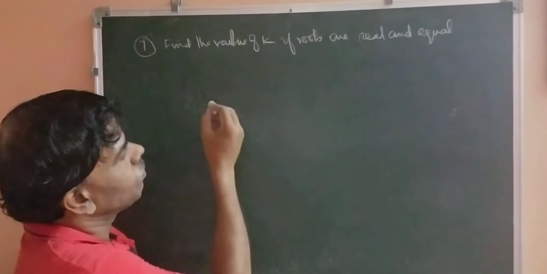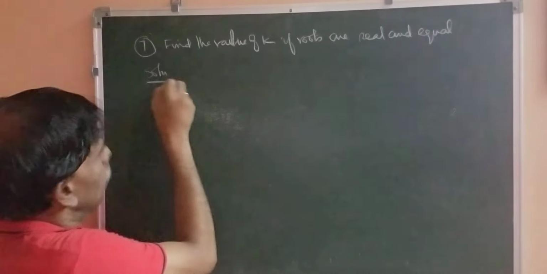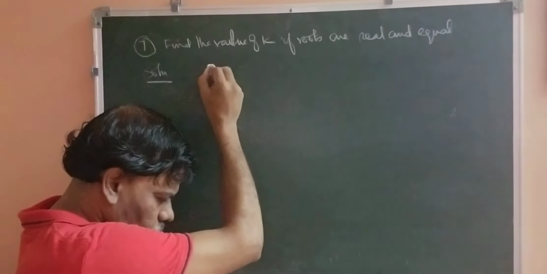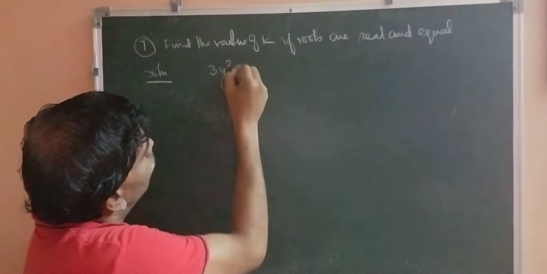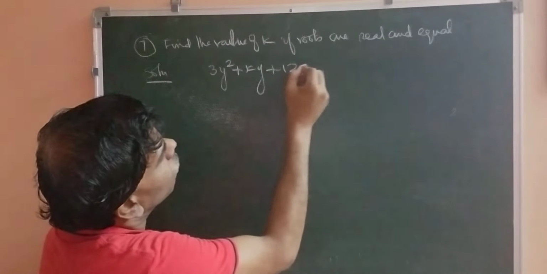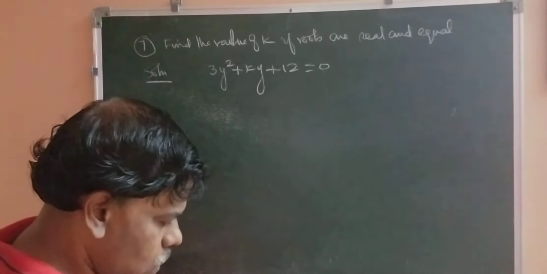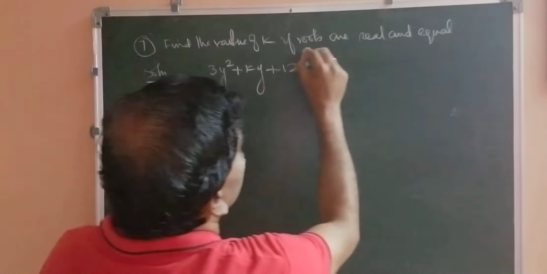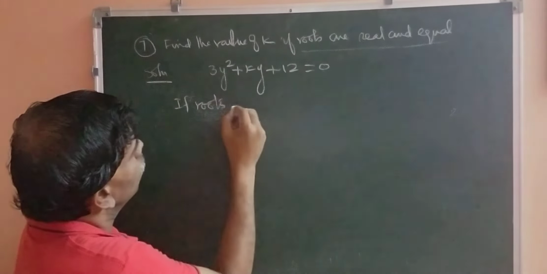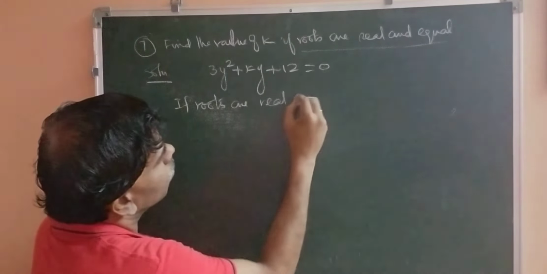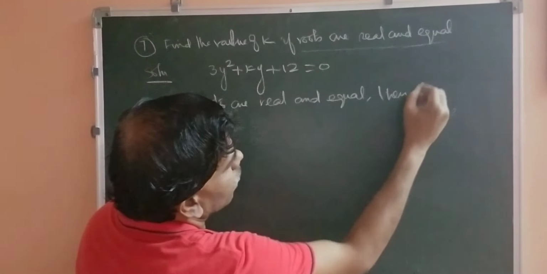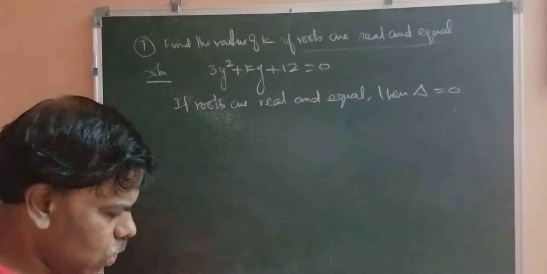As I told you, the solution. What is the given equation? 3y square plus ky plus 12 equal to 0. If roots are real and equal, then discriminant equal to 0.